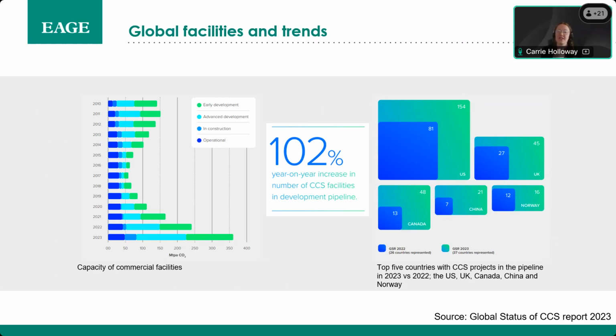These are from different industries, from power, heat, oil refining, gas processing, iron and steel, hydrogen, some direct air capture, some from chemicals, cement, or biomass. So they're from many different industries. We can see on the right the top 5 locations for number of CCS projects in the pipeline and how this has actually accelerated year on year.